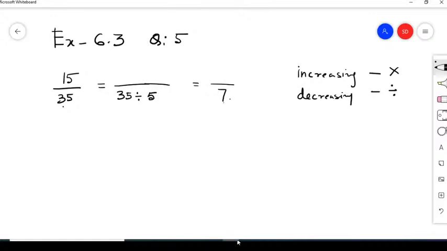Obviously 5. So if you are doing this in the denominator of this fraction, you have to do the same thing in the numerator of the fraction also. So that will be 3, right? 15 divided by 5 will give you 3. Is that okay?